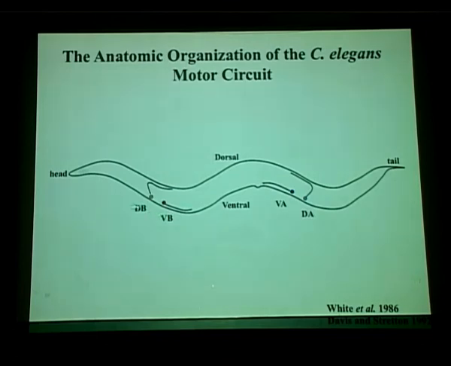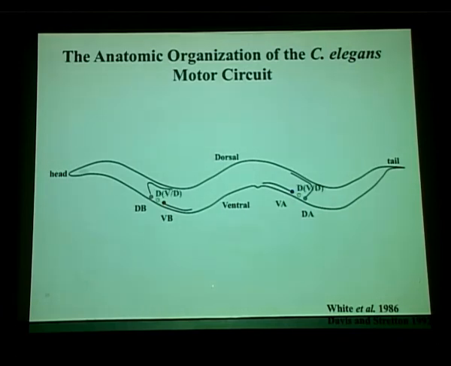So the B motor neurons project from anterior to posterior direction, and A object oppositely. Based on this, it's been proposed by John White and his colleagues that probably the B motor neuron is primarily the motor neuron driving forward movement because it can allow the propagation of the muscle contraction to the posterior direction, and vice versa, the A neuron may be the predominant motor neuron driving backward movement.